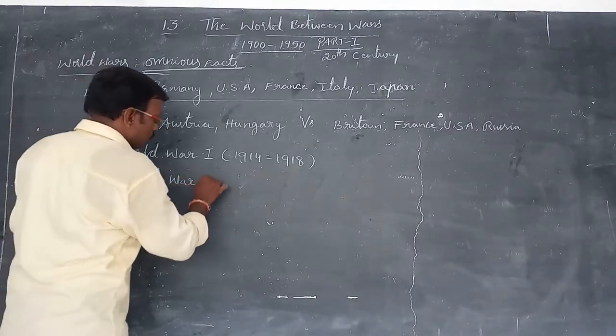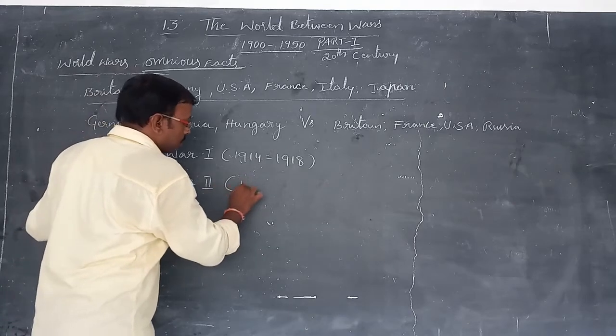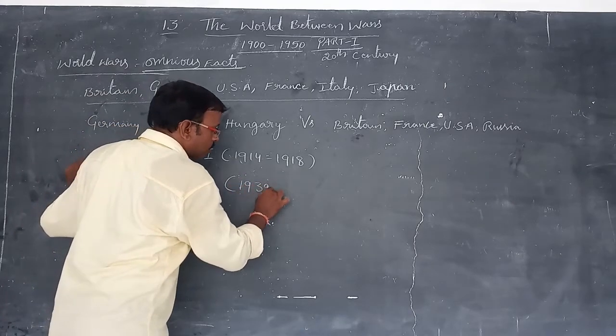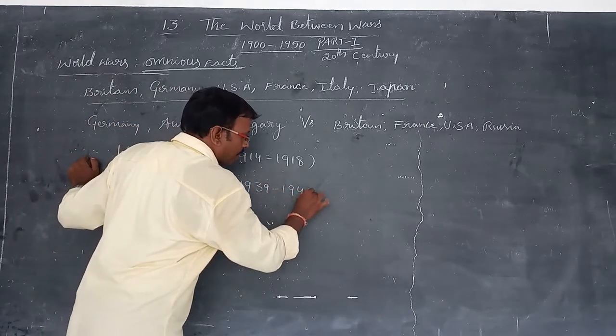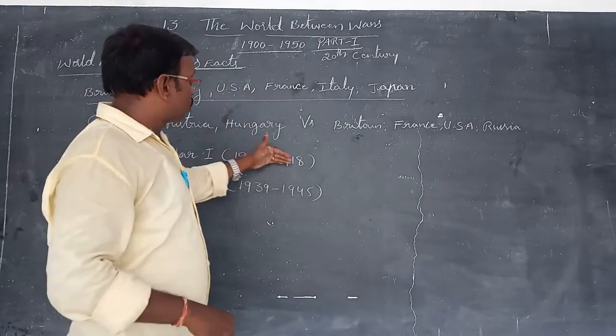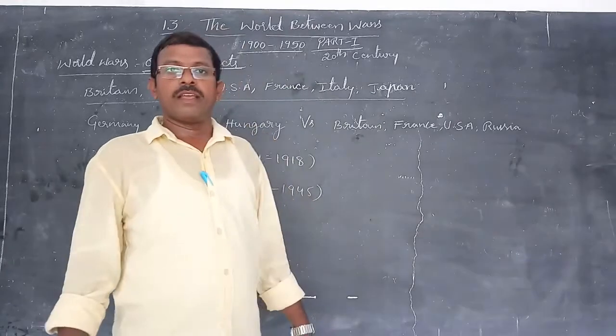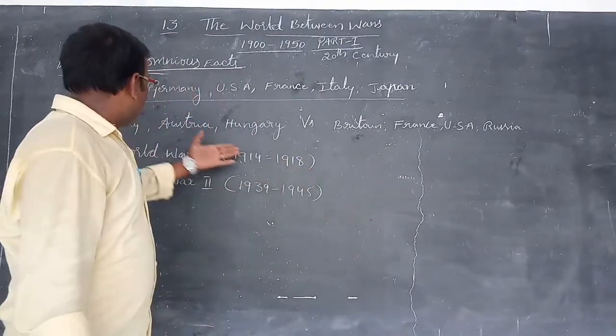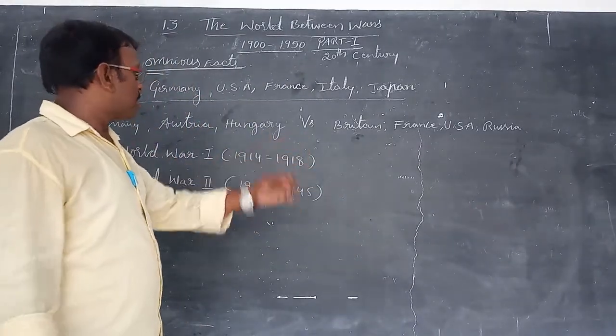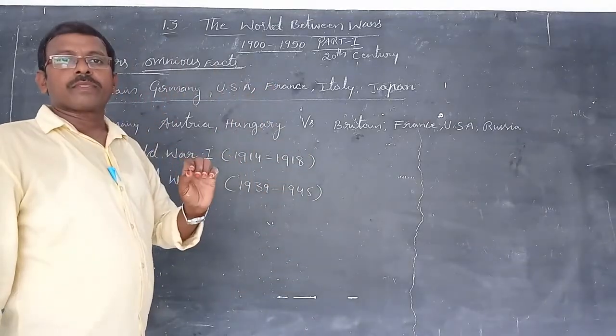World War Two lasted from 1939 to 1945, after 21 years. So like this, two world wars started.